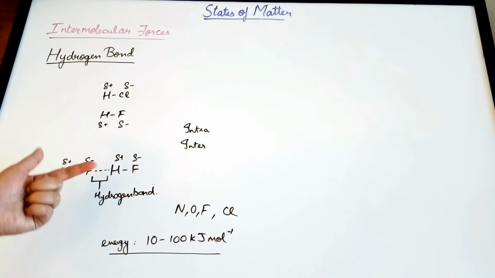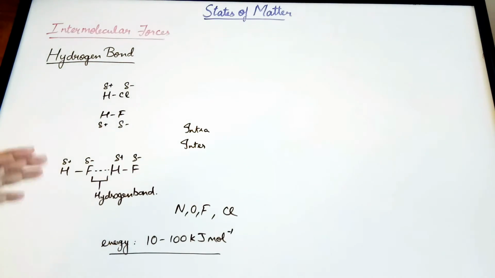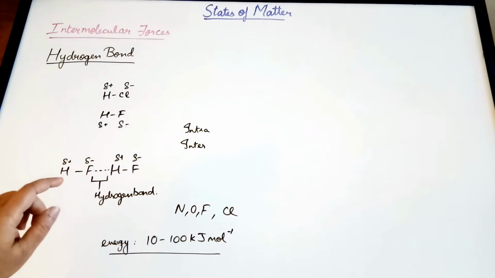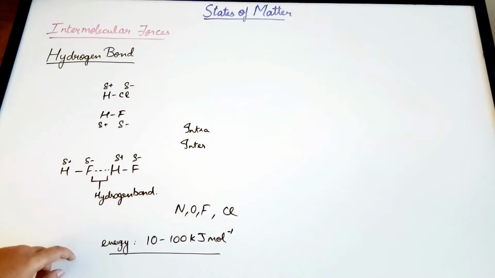And so obviously the partially positively charged hydrogen atom will attract the partially negatively charged fluorine atom of the other molecule, and this leads to the formation of a hydrogen bond. The energy of the hydrogen bond is quite significant. It's between 10 to 100 kilojoules per mole, and because this is pretty high, it determines various structural properties and basically helps in predicting various properties.